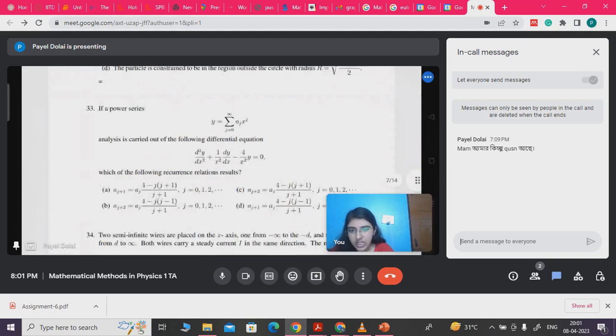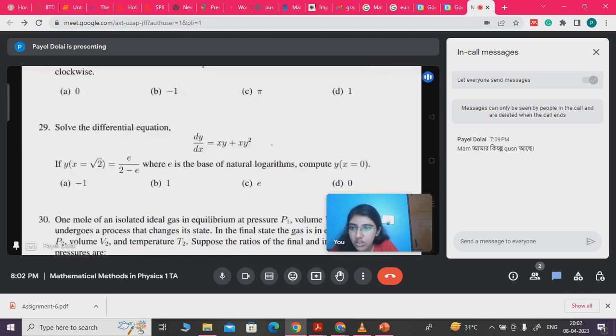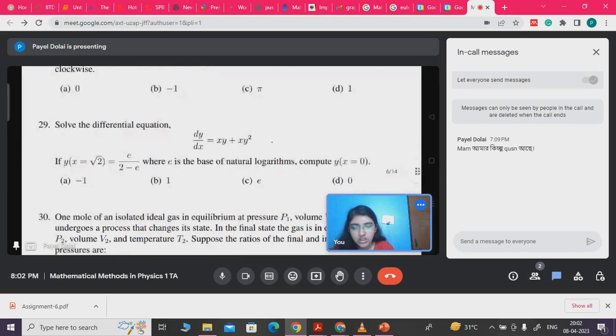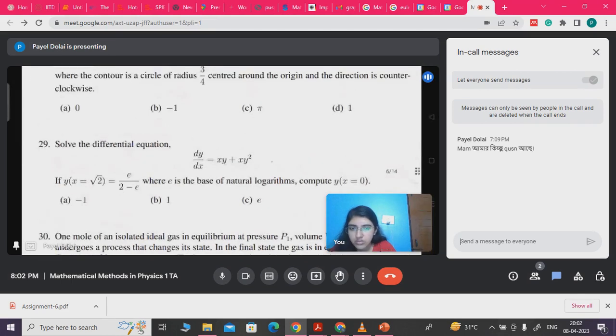These are a kind of series solution, power series. I will get back to you with this solution in the next class. Anything else? 29, okay.